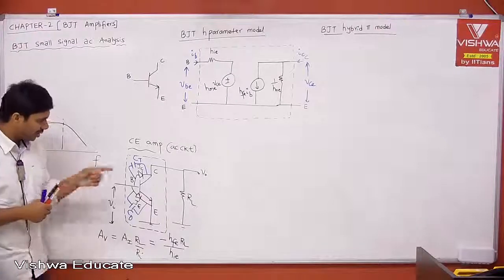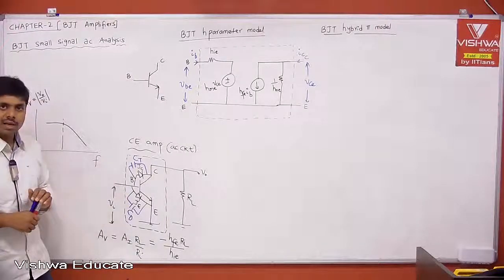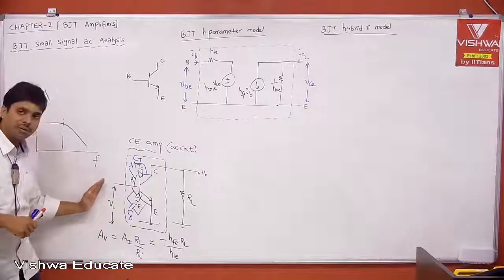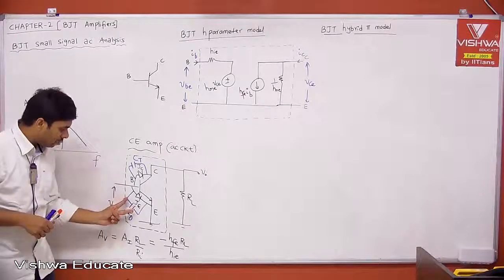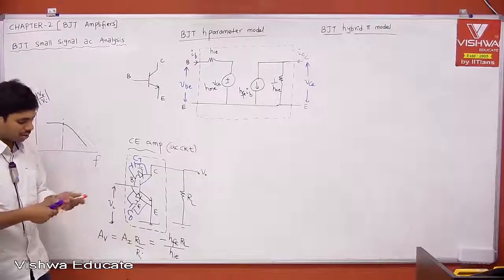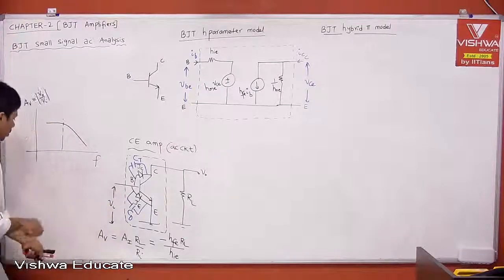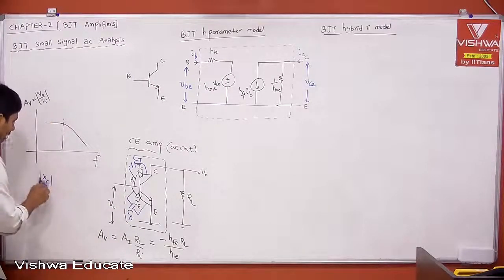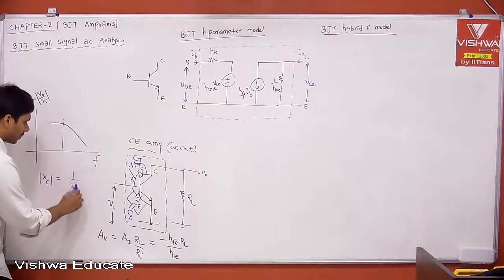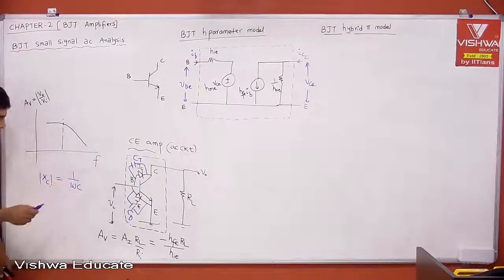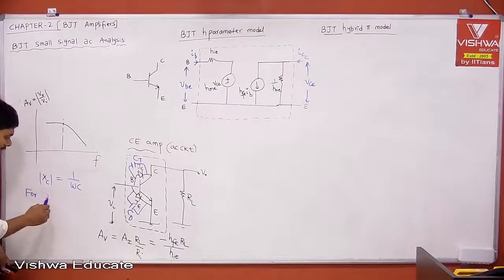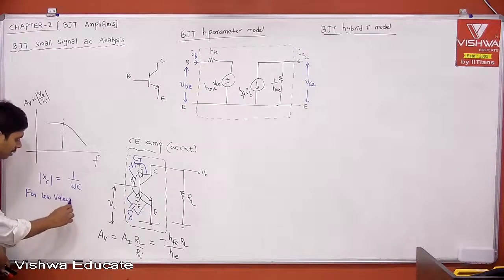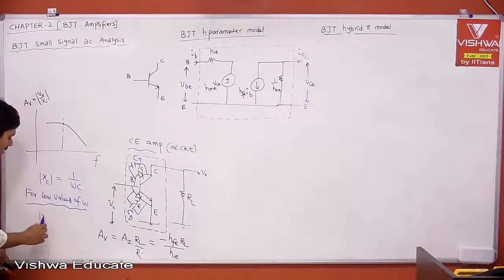But if you consider the effect of capacitances, tell me, for low frequency or mid range of frequency, I can take this capacitor as almost what? Open circuit, because what is the capacitive reactance? We know that the magnitude of Xc is equal to 1 by omega C, right? C is very small. For low values of omega, what is your mod Xc?